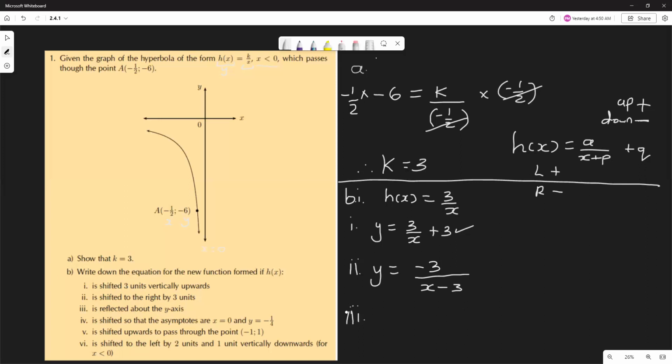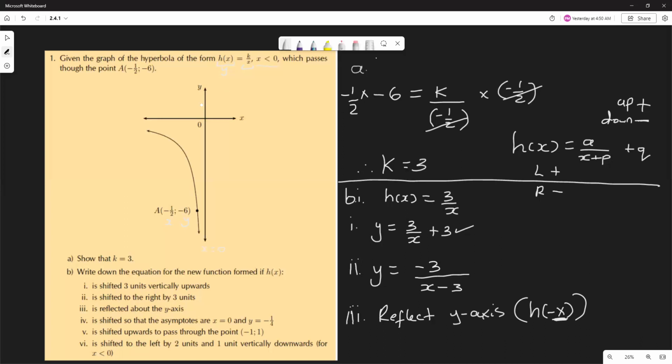Now let's do the third one. The third question says h of x is reflected about the y-axis. Reflecting in the y-axis means you are making x negative, so you're looking for h at negative x, where the x values are going to be opposite.